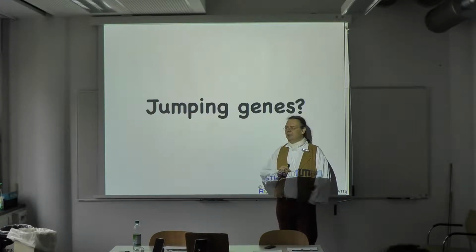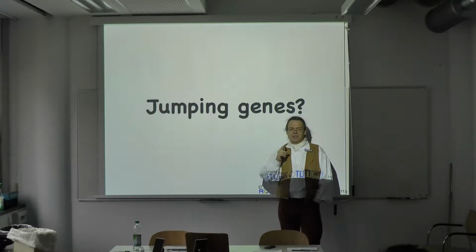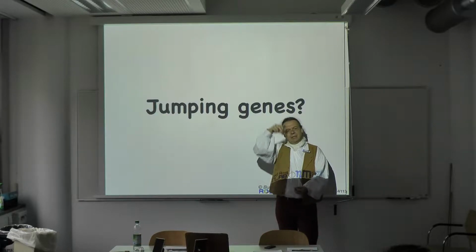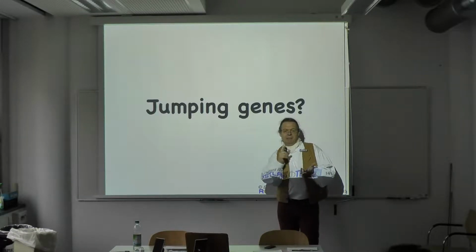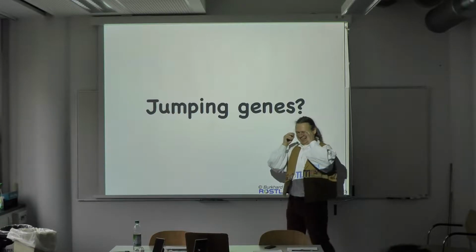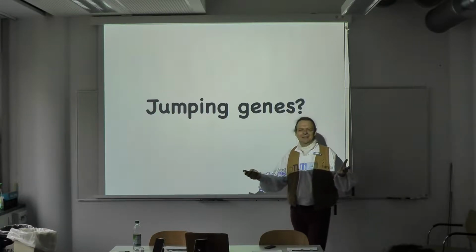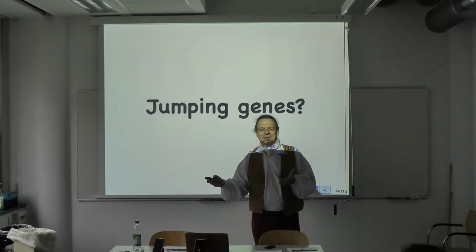Have you ever seen corn has different colors, right? When you look at a corn cob, sometimes you see different colors. Not so much in Germany, but in the US. And this is because you have the jumping gene. That is weird. You buy that? I don't know. I'm skeptical. Anybody not skeptical? No, everything can happen in biology, right?